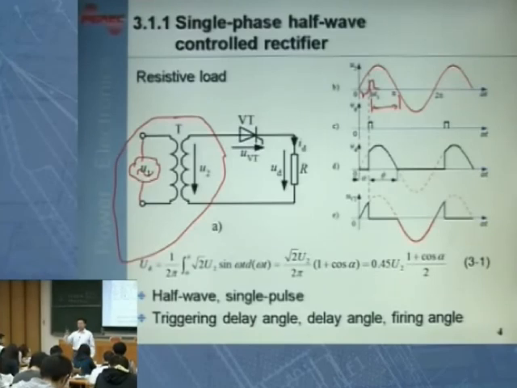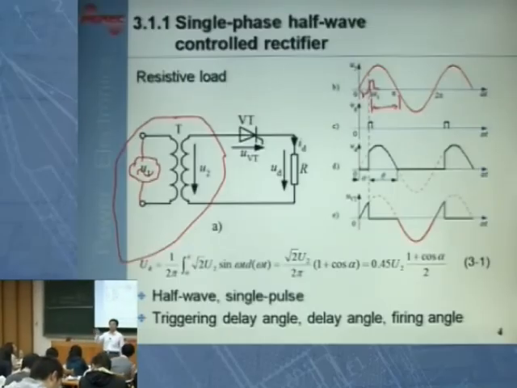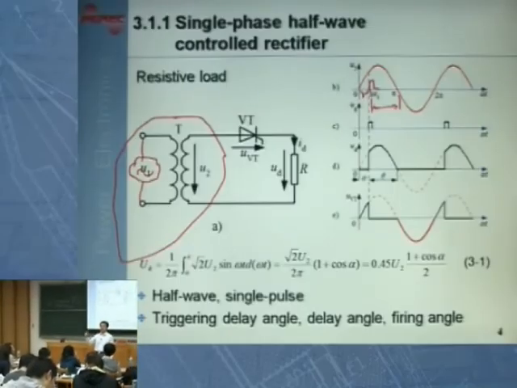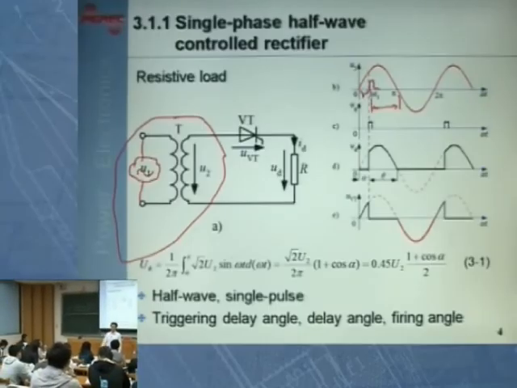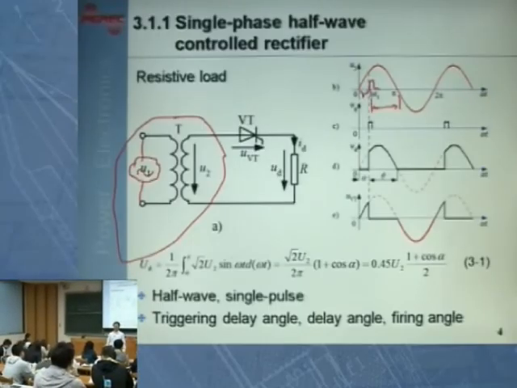It is through the outside circuit, right? The condition for the thyristor to be turned off is related to the current flowing through. If you have measures to decrease the current flowing through the thyristor to 0, then it's turned off. So the condition is the current flowing through the thyristor is decreased to 0, then the thyristor is turned off.